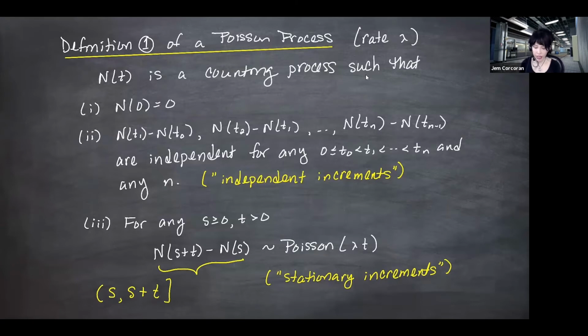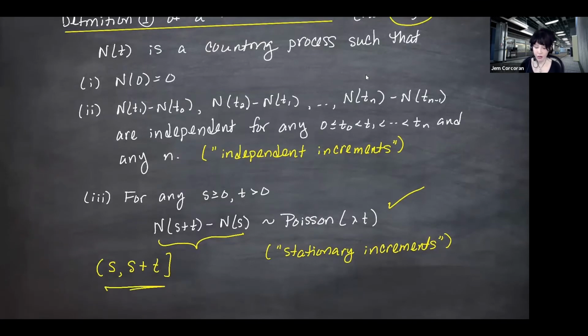And so the assumption 3 to make a Poisson process is that the number of arrivals in there has a Poisson distribution, and its parameter is the rate parameter for the process times the amount of time you're looking at. So this is an interval of length t. And because this Poisson distribution does not depend on S, no matter where you put that interval of length t, you'll have the same distribution of the number of jumps.